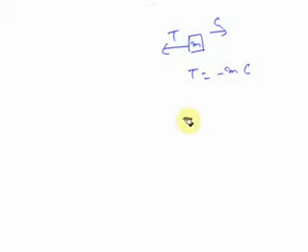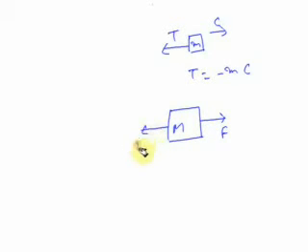Similarly, for the block of mass capital M, the net force was F and 2T, and its acceleration was a, so we can write F minus 2T is equal to capital M into a.